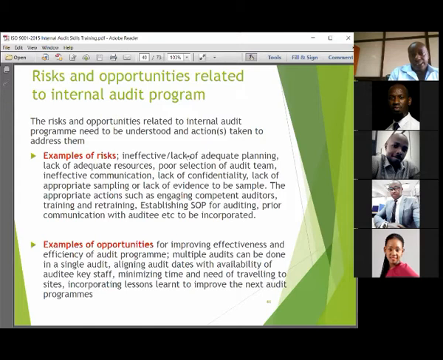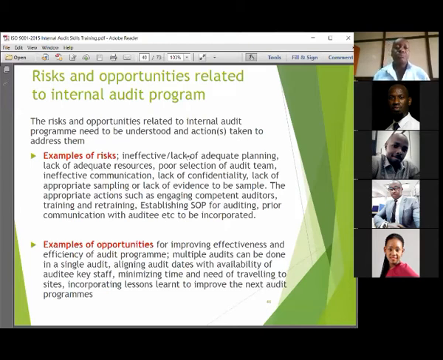Opportunities that could arise. Remember, we were looking at the risks and the opportunities. You can improve the effectiveness and efficiency of the audit program in future from the lessons that you learn from the audit that you're doing. Also, you have an opportunity to do multiple audits. Multiple audits is where, for example, you're doing an audit of ISO 9000 together with ISO 14000.